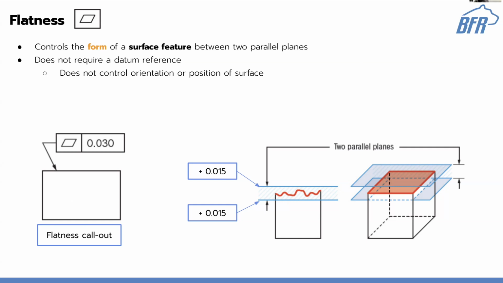Ideally it sits here in space, but when I say a certain flatness, it's not looking at it like each particle is this flat. What it's actually doing is saying, I have two other planes, and if any point along this surface goes out of bounds, then I'm saying it's not flat.